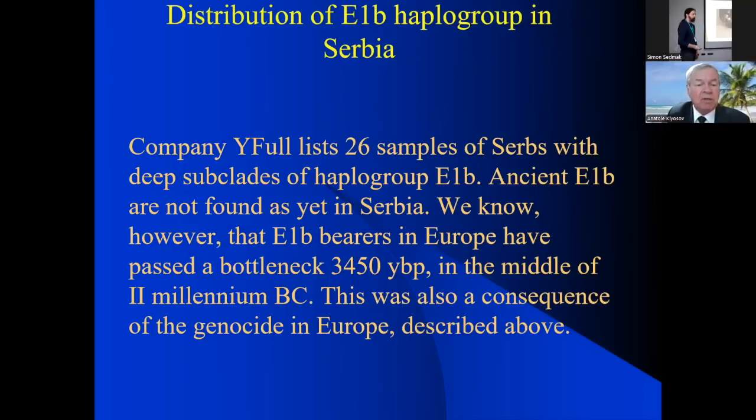Ancient E1b are not found as yet in Serbia. We know, however, that E1b bearers in Europe passed a bottleneck 3,450 years before present, in the middle of the second millennium BC. So the same destiny for E1b bearers, they also went through genocide. That was also a consequence of genocide in Europe described above.